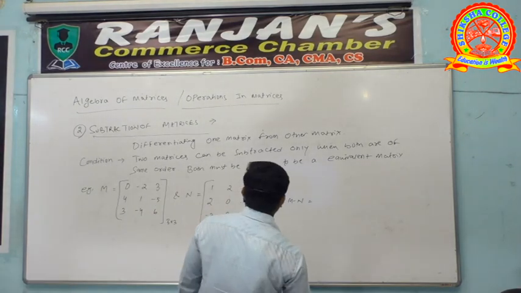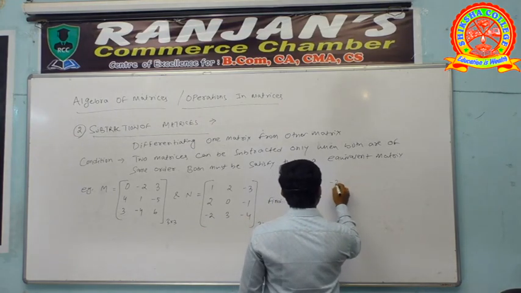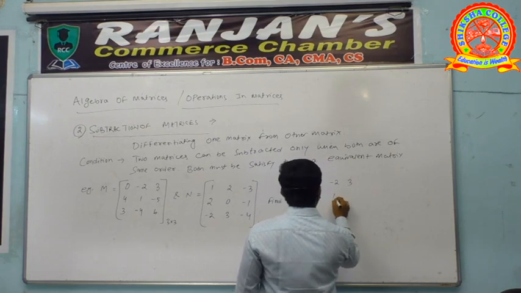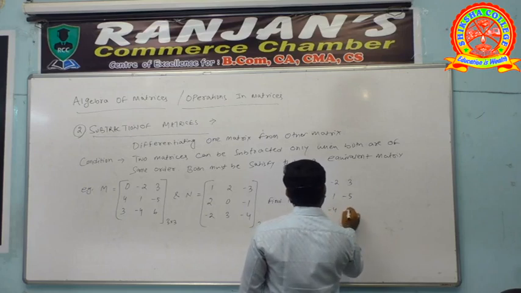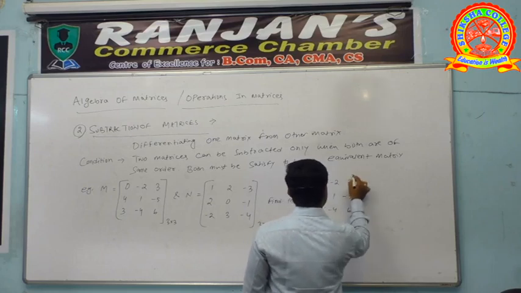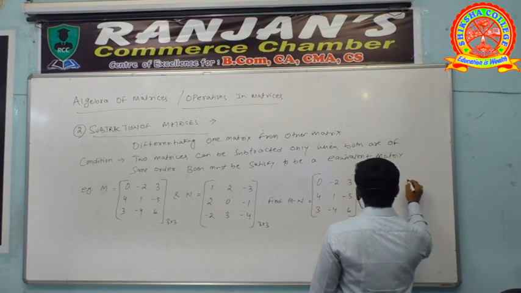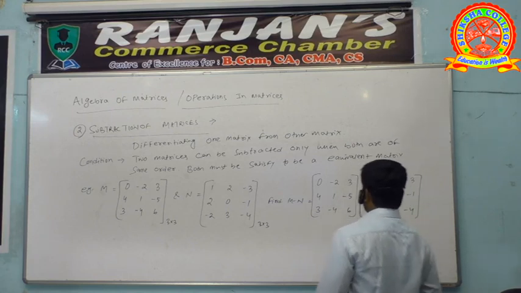If we are asked to find M minus N, simply what we do? It's very simple. First of all, write down both matrices: 0, minus 2, 3; 4, 1, minus 5; 3, minus 4, 6; and minus 1, 2, minus 3; 2, 0, minus 1; and minus 2, 3, minus 4. Here are the two matrices we need to subtract.